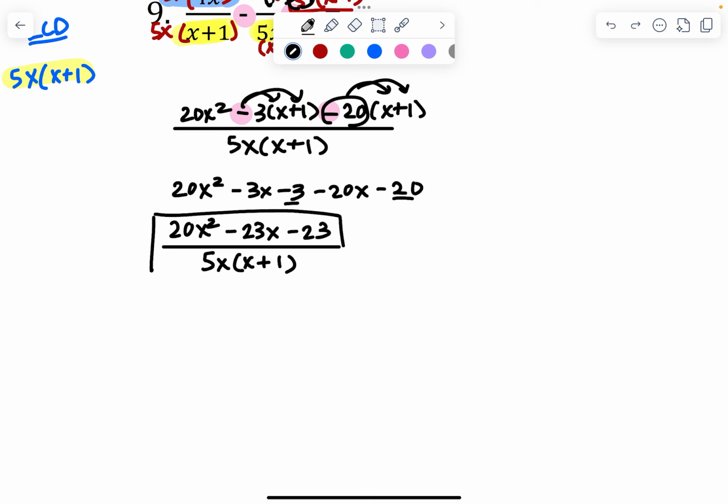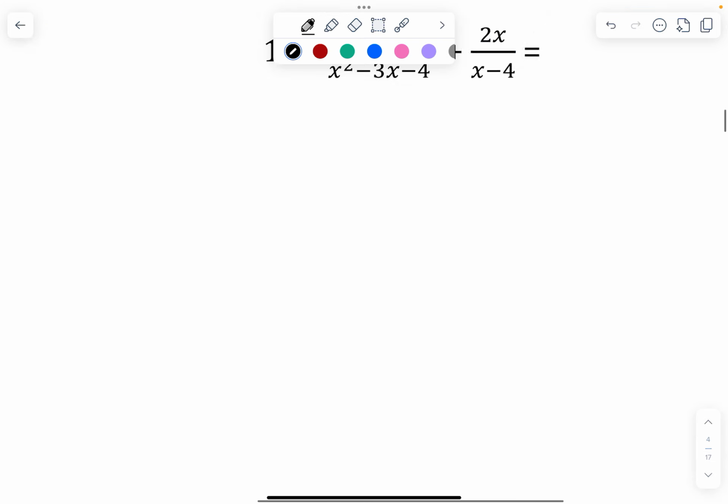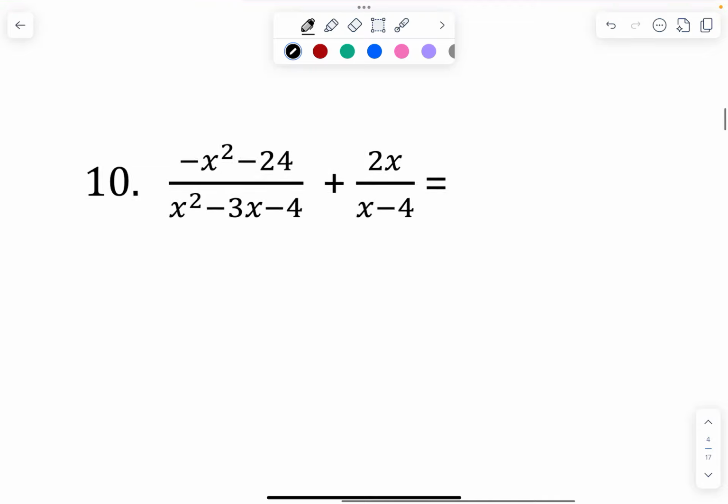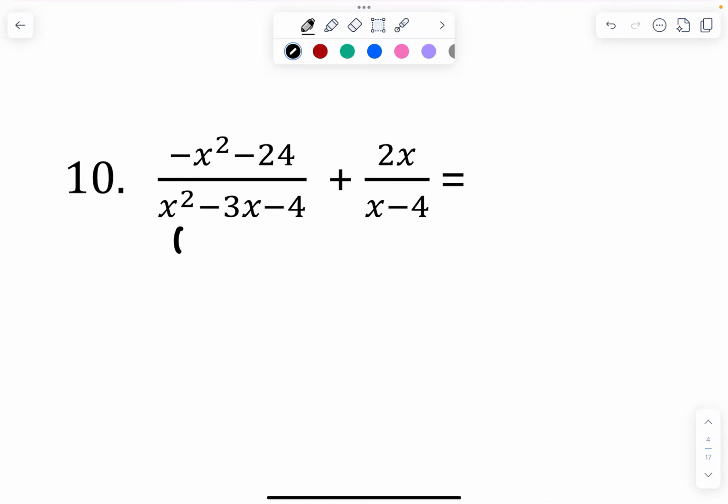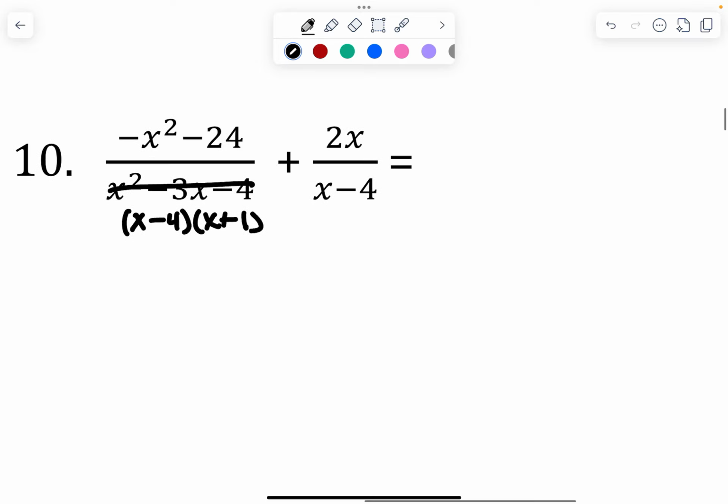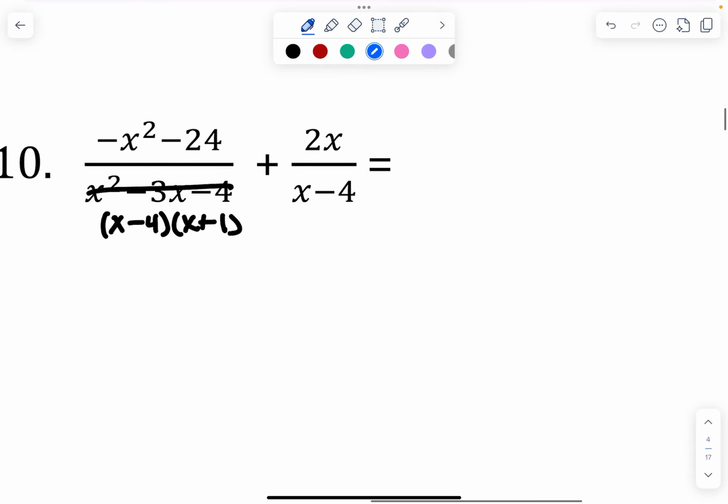All right, last one. This factors to (x minus 4)(x plus 1). And so my LCD would have the x minus 4 and x plus 1. So we just need an x plus 1, x plus 1.